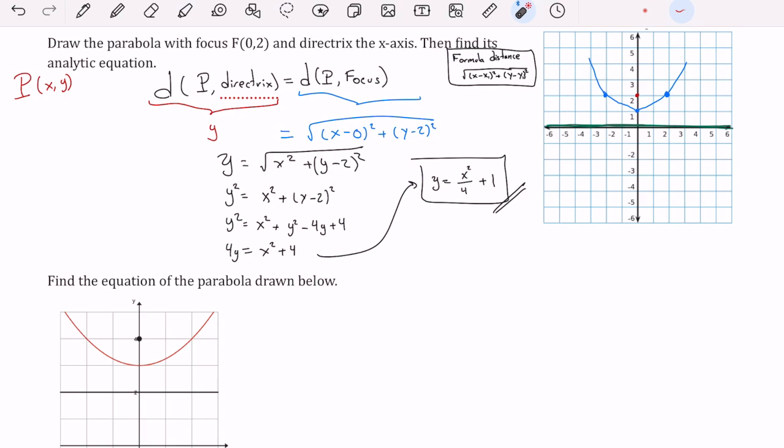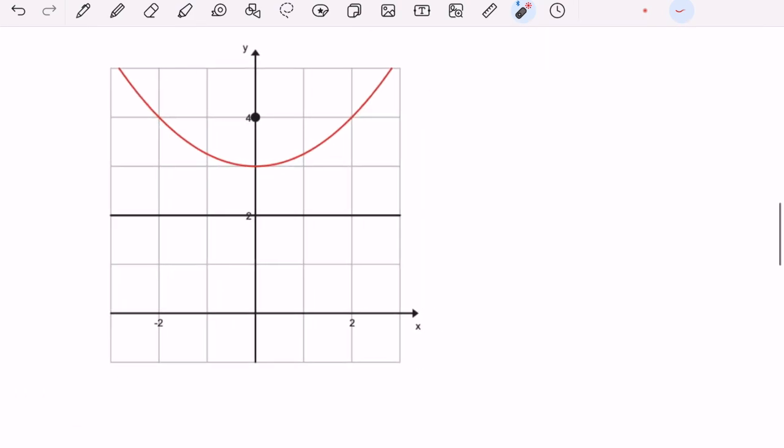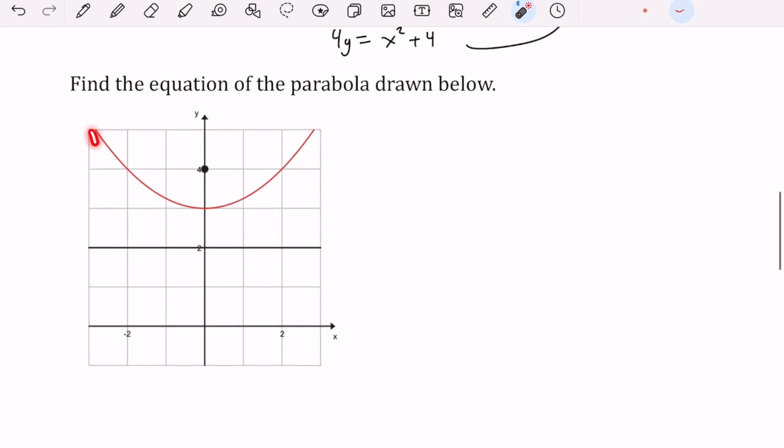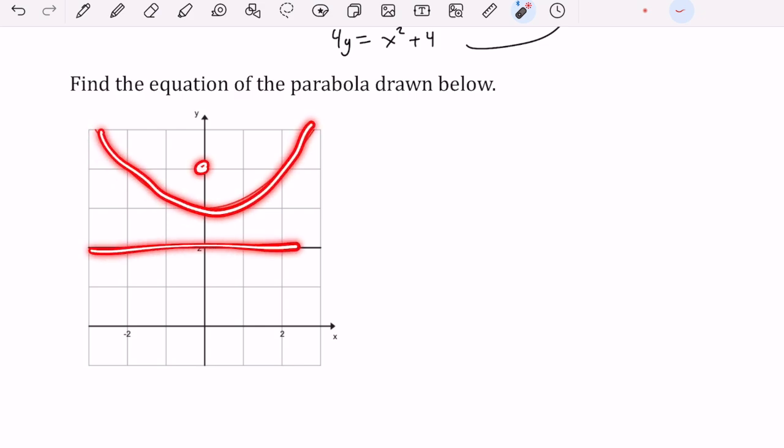So, for example, look at this graph. Here, I am giving you a parabola, and I am giving you already the focus and the directrix. They are asking me for the analytic equation.